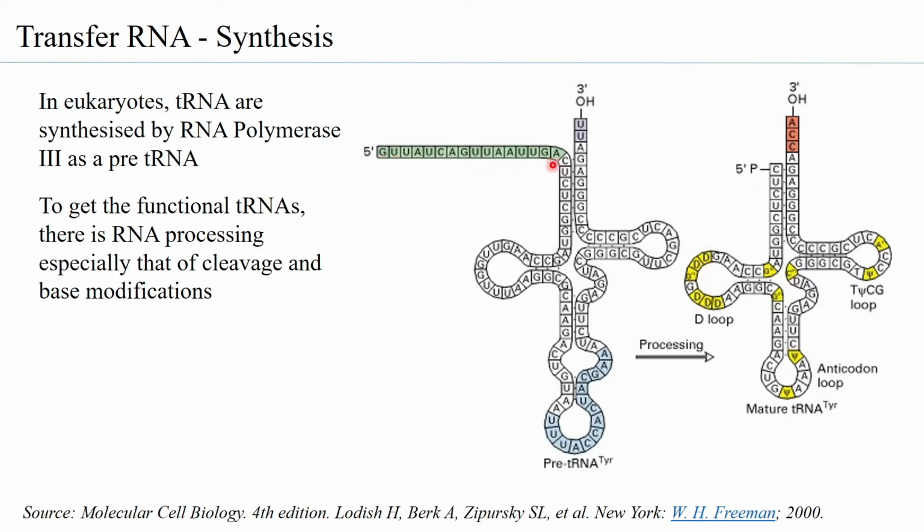This entire stretch of nucleotides is cleaved off by an enzyme called RNase P. This RNase P itself is a ribonucleoprotein, and so it has an RNA molecule which is helping in the catalysis or in the cleavage. So that is one RNA processing step that is done after the pre-tRNA is formed.